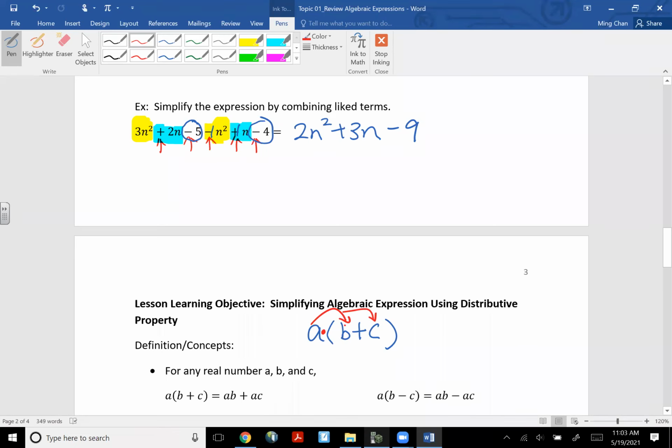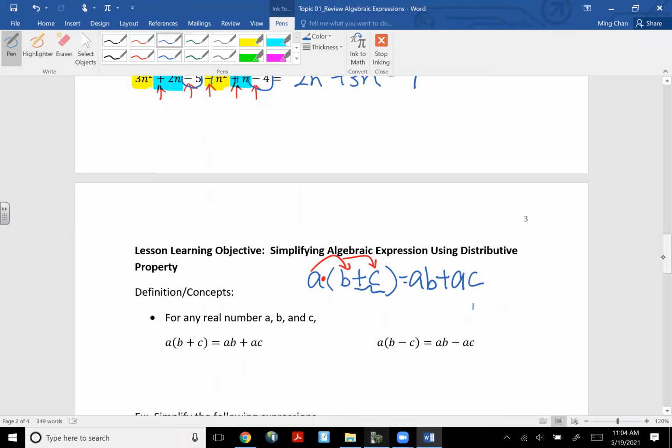So A times B gives me AB. Then A times positive C gives me positive AC. So the distributive property allows me to bring all the terms outside the parenthesis, so eventually I can combine them with other like terms.